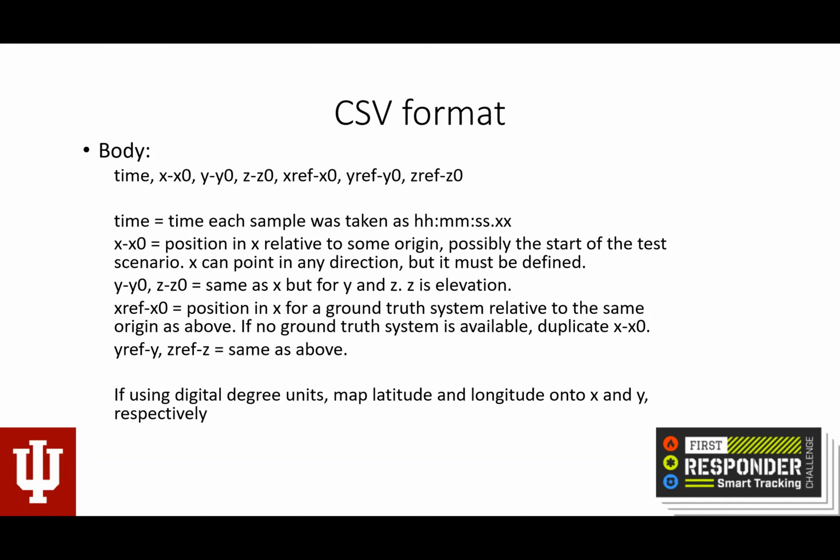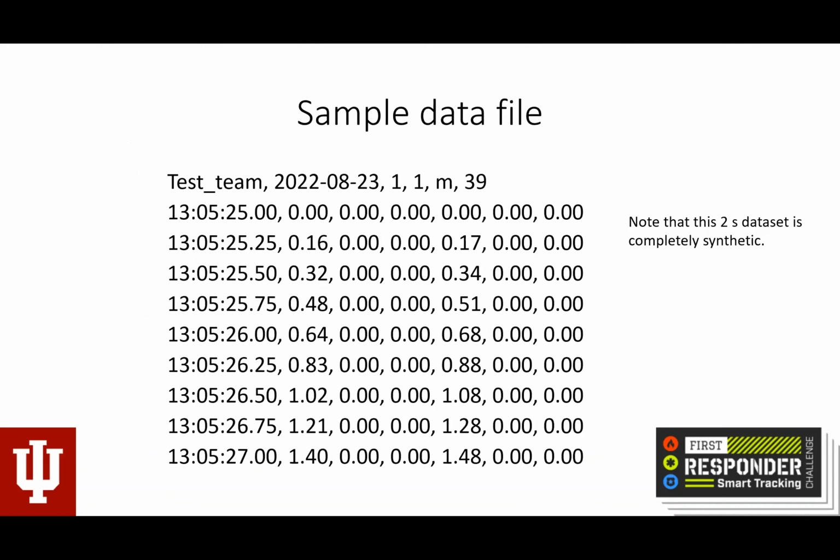And then again, same with Y and Z. And if you're using decimal degree units, map latitude and longitude onto X and Y respectively. And here is a sample file. This is very similar to the one we have available for download in CSV format on firstchallenge.com/rules. This should make it clear exactly what we're looking for.